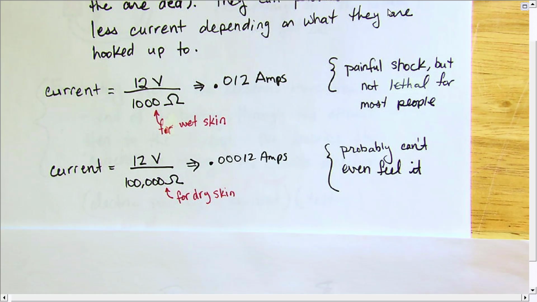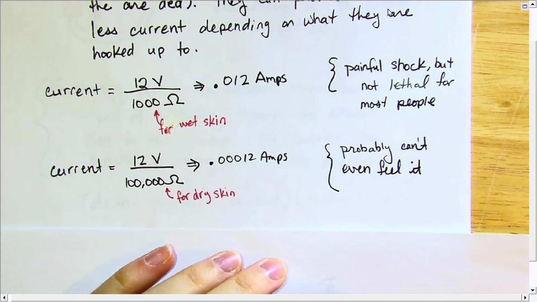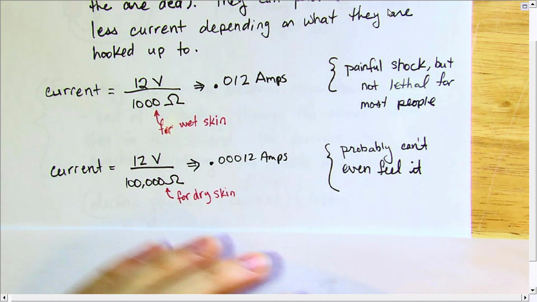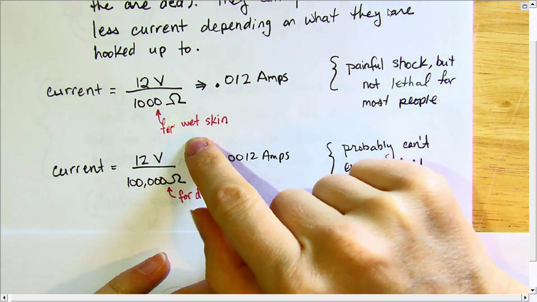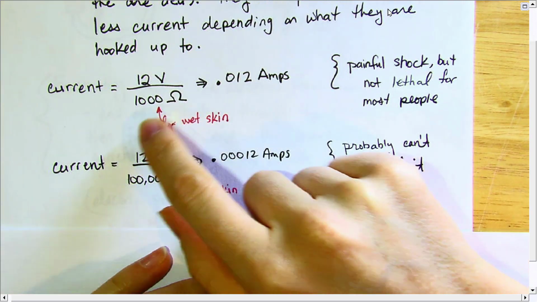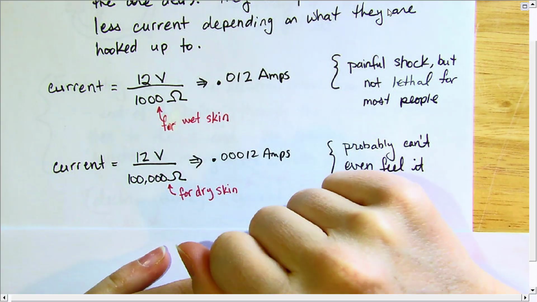But maybe the car battery, instead of just going through a wire, also is going to have to try to go through your wet skin. Let's say you had wet hands and you touched both ends of the car battery. Wet skin only has a resistance of about 1,000 ohms.